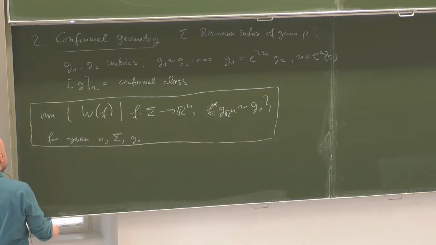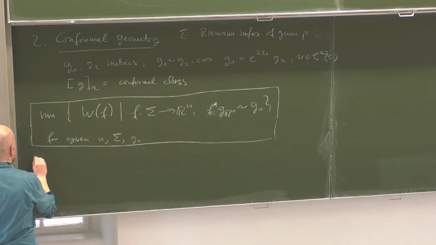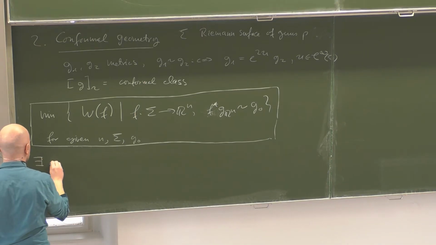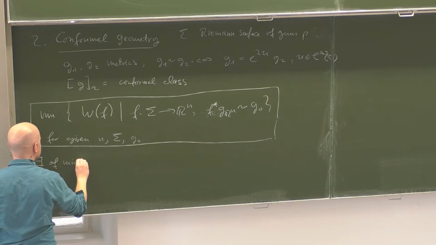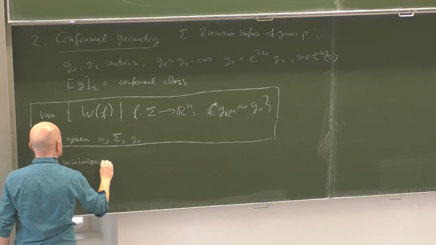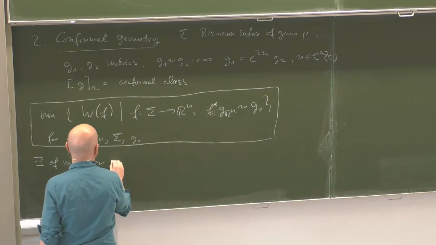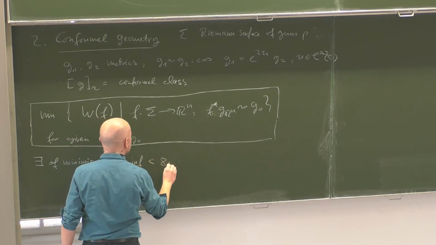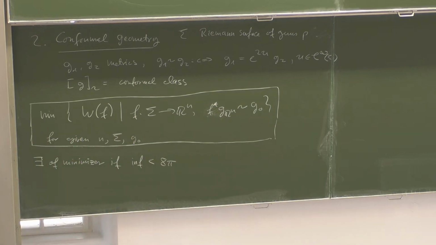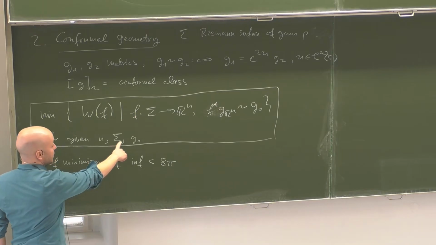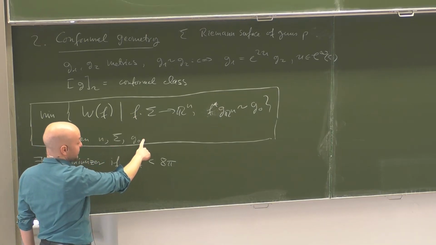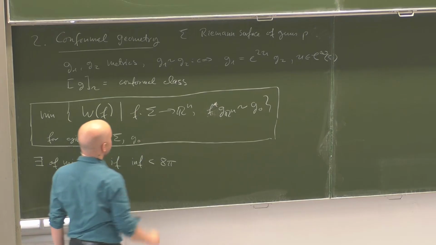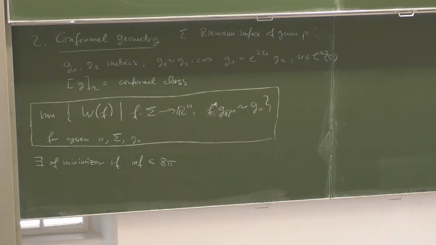There is an existence result already of a smooth minimizer, if the, well, not so surprising maybe, infimum is less than 8 pi. So if the surface and this given reference metric G0 admit an immersion with energy less than 8 pi, then we can run the direct method.